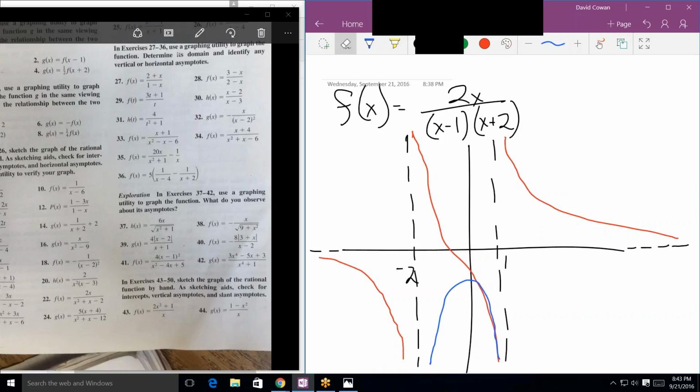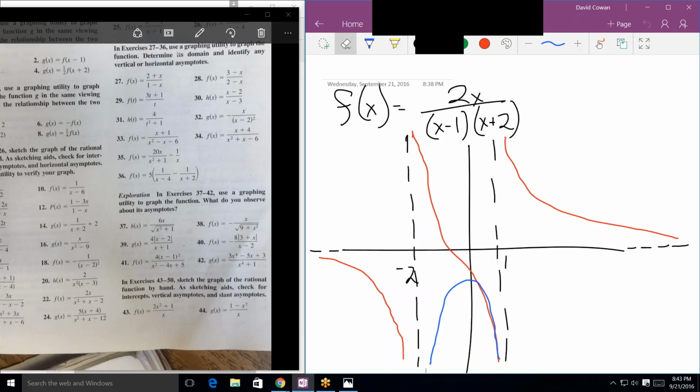And sometimes you can be in the wrong quadrants. In other words, what I see here is 1, 2, 3, 4, 5, 6. There's actually 6, can't call them quadrants, sections, okay? And usually the hyperbola is in the upper right and the lower left, but I can check really quick.